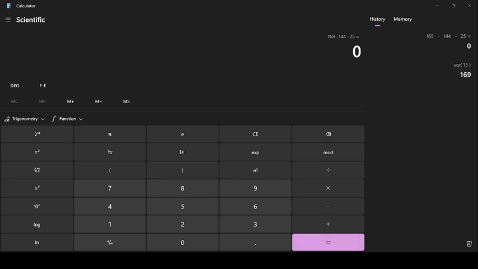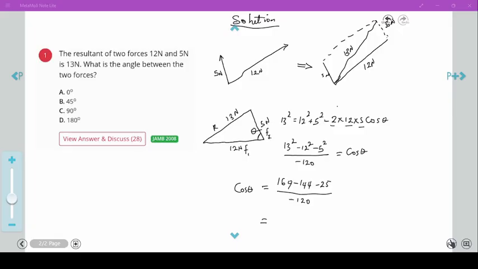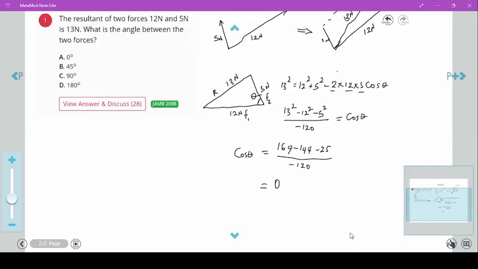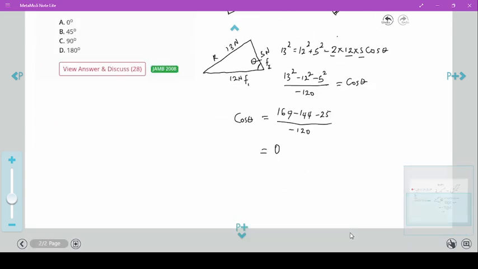Okay, let's revisit that question one more time. So every one of these things here happens to be 0. So we're looking at 0 divided by negative 120. That would give us 0. I'm not going to quit because I know that cos theta.